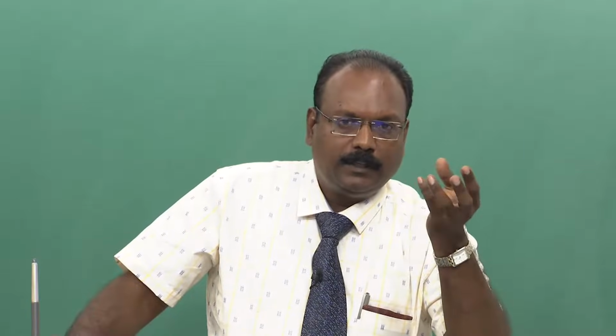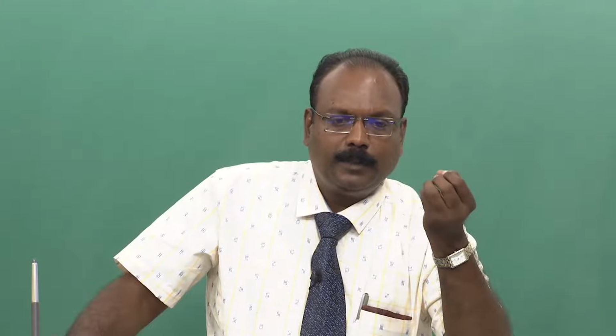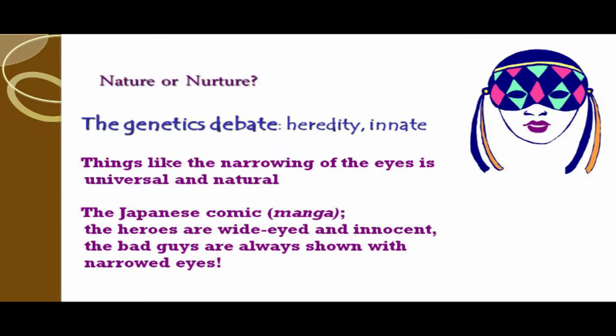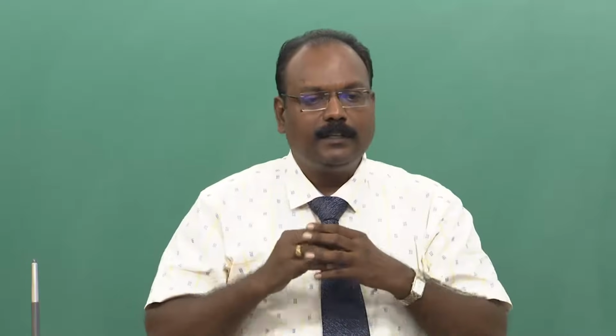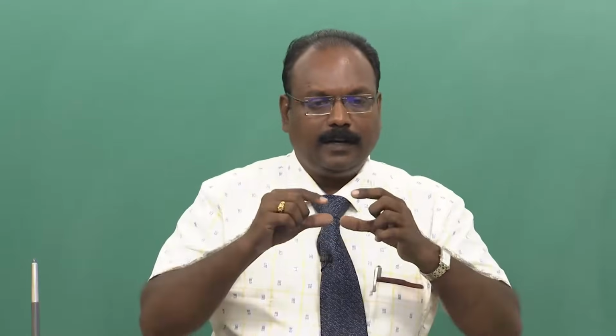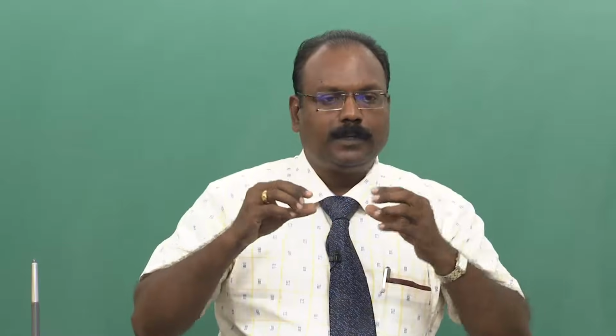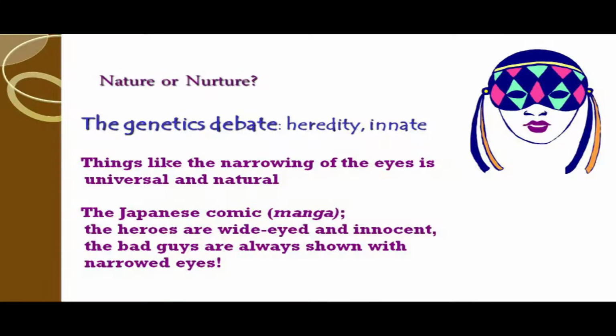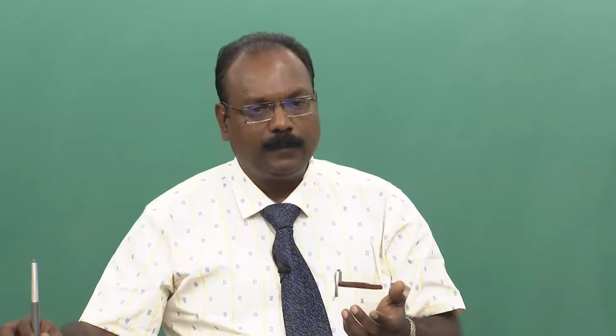It's even clearly shown in the Japanese comic manga. The heroes are wide-eyed and innocent. Okay, and even you will see children when they are drawn, mostly they are wide-eyed just to indicate that they are innocent. So the bad guys are always shown with narrowed eyes. Okay, they say that it's a kind of universally accepted one and it is considered as something that is natural.